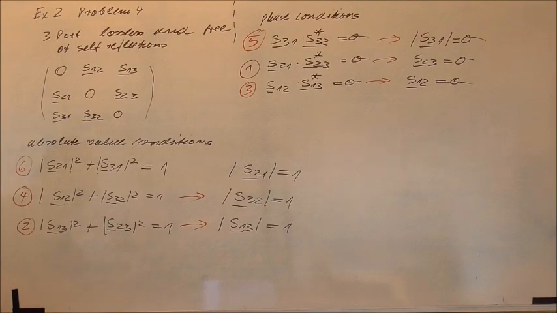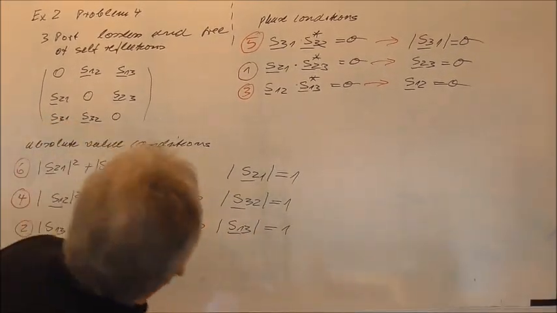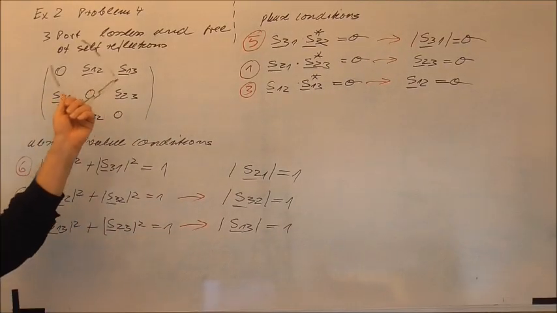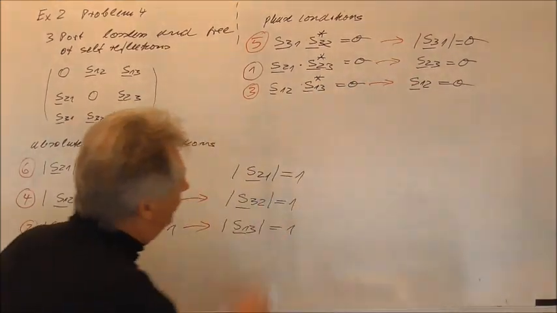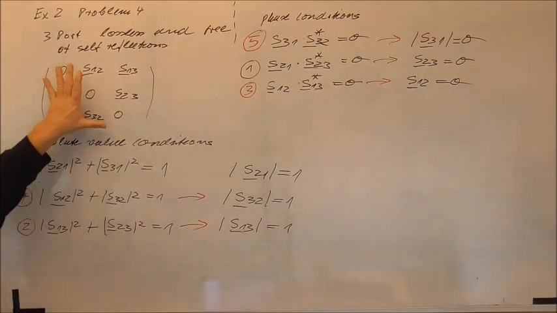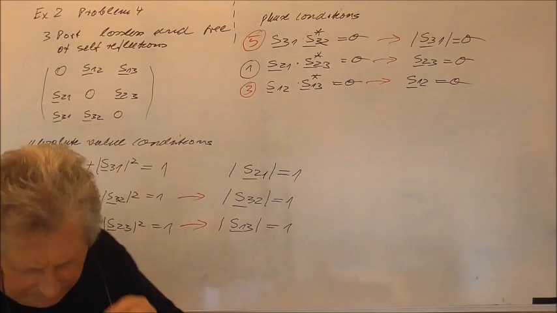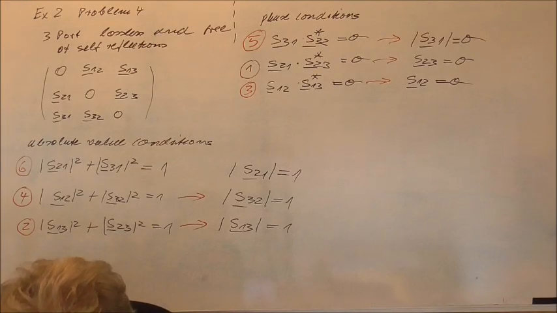So in the moment we already got all scattering parameters of these 3 ports. So as soon as this 3-port is lossless and free of self-reflection, these will be the S parameters, and I will insert this into the S matrix. But perhaps you have some questions before. Are there some questions?